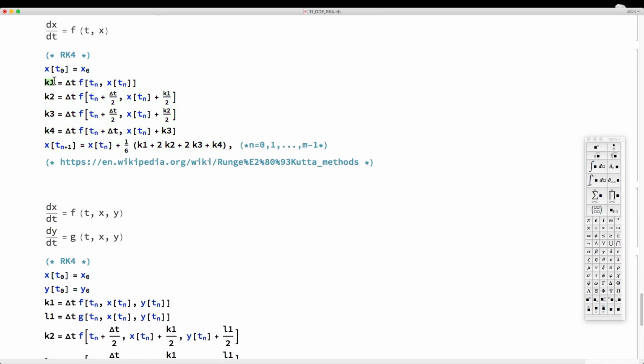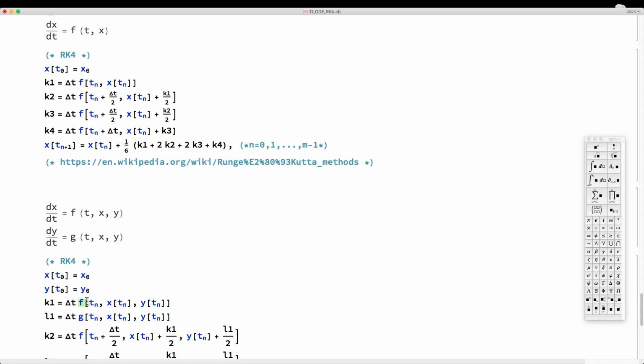So these are our initial conditions here, and then the scheme to evolve that is basically very similar to this, except if f is a vector and k1 is a vector, we can simply write that down as the first component of the vector would be k1, and the second component of the vector would be L1, and k1 would be given by delta t times this first function, and L1 would be delta t times this function g. And the arguments here are the same in both cases.